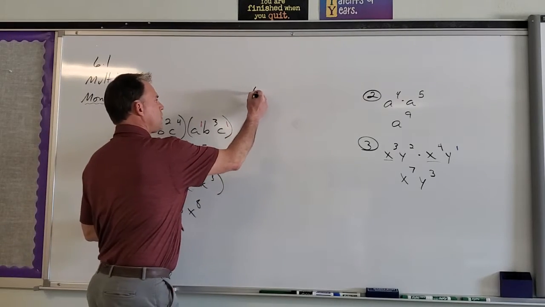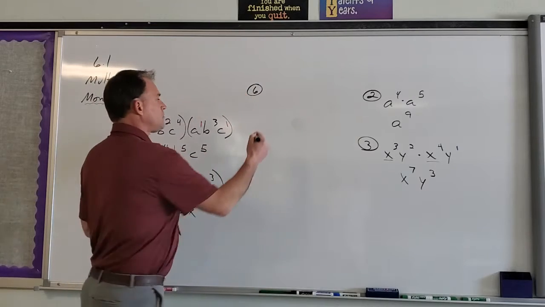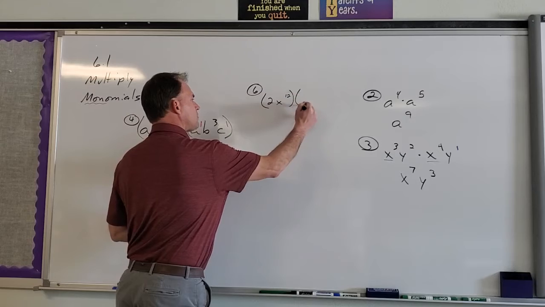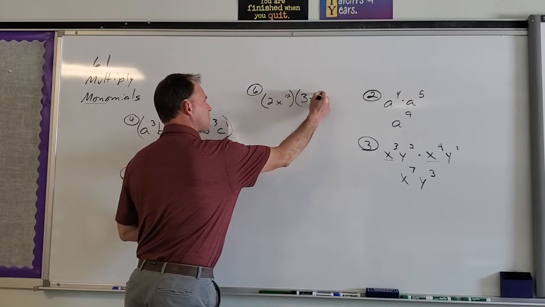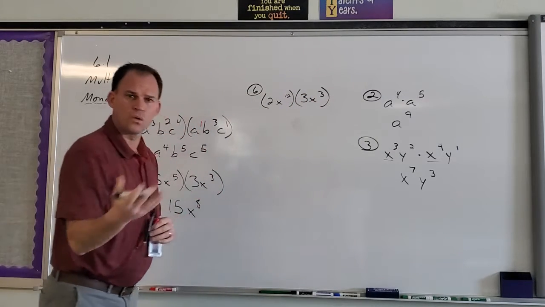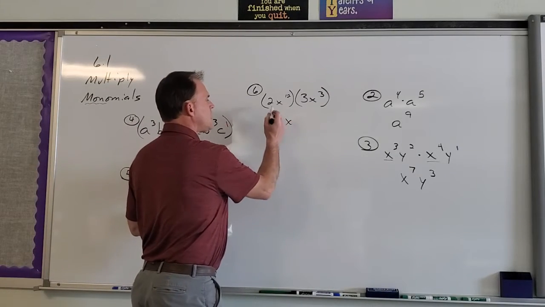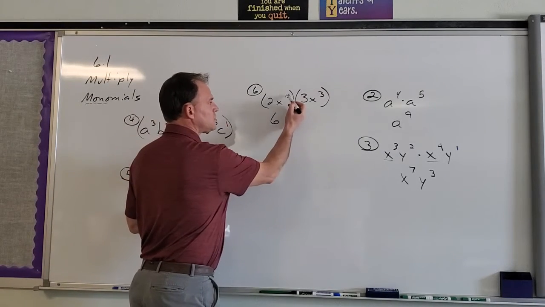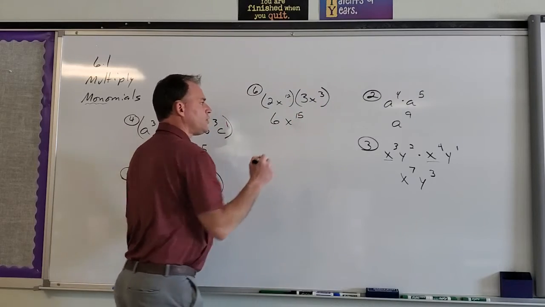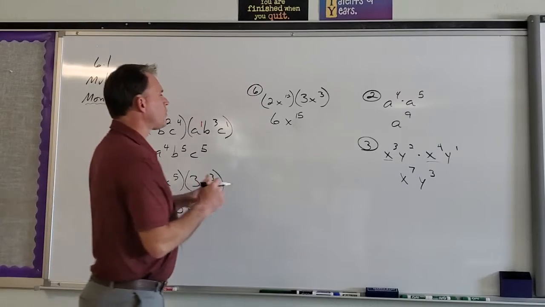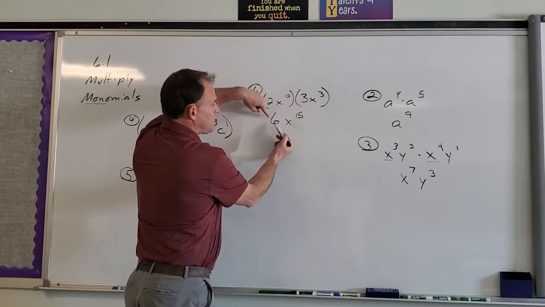So, try and do this one. What's that going to be? Multiply your coefficients, add your exponents. Very different things follow very different set of rules. Remember, multiply means multiply.